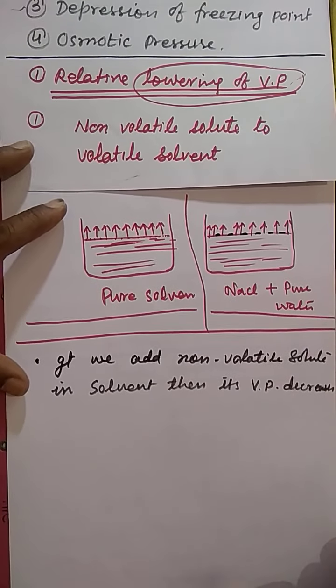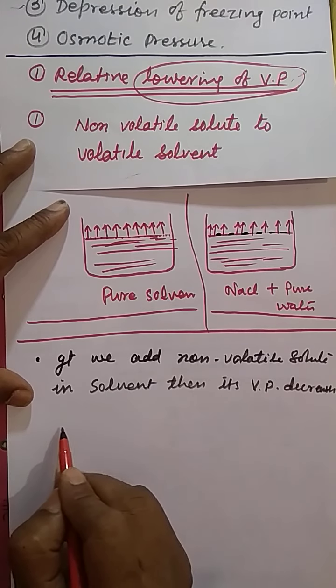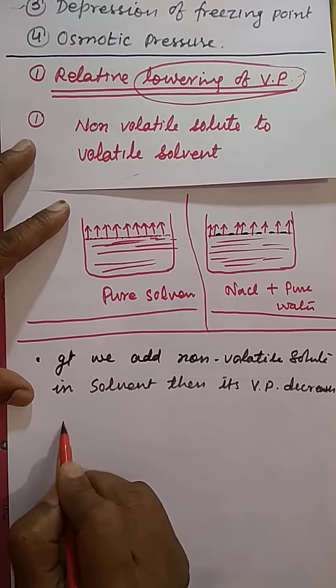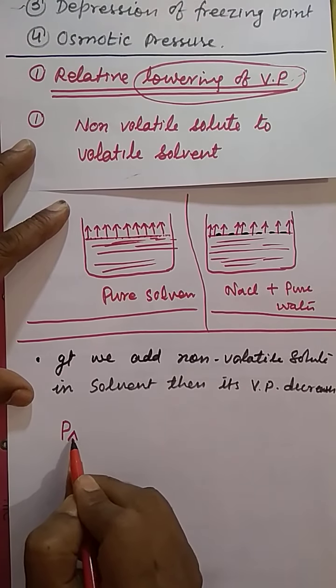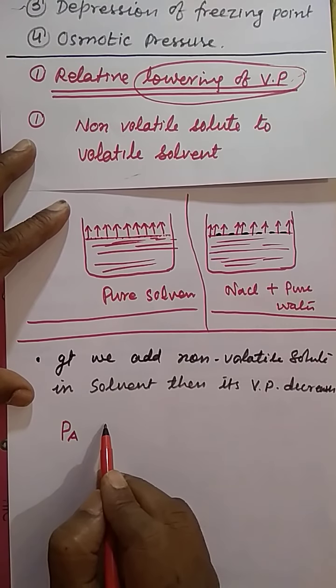Now according to Raoult's law, for solvent we are writing PA, partial vapor pressure of solvent.